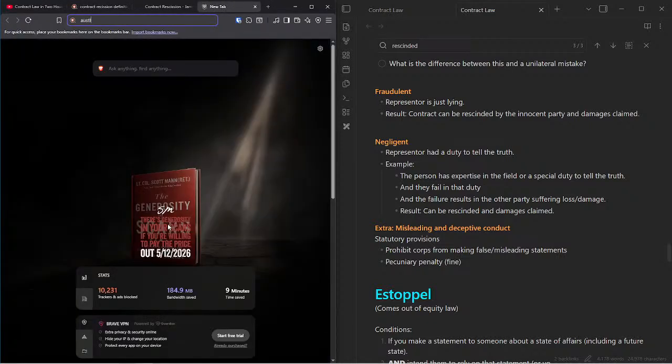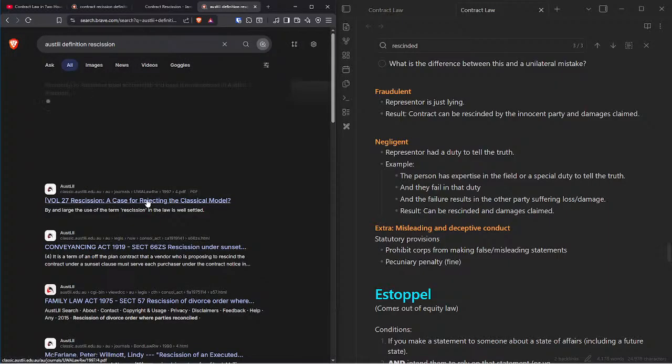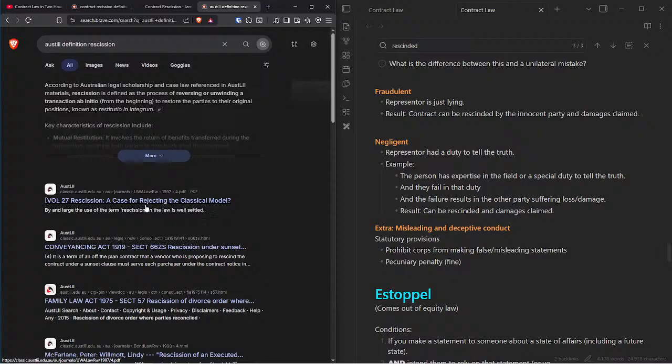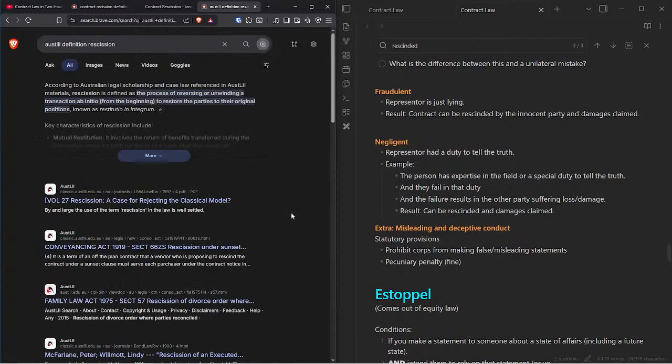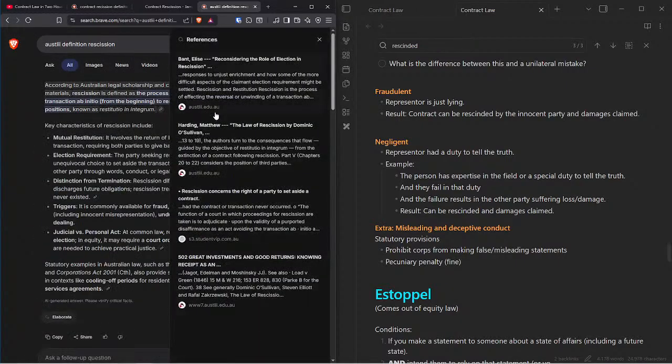I wonder if Ostley has a definition. Ooh. Case for rejecting cash. Oh, no. And a sunset rescission and divorce order. What is this link?